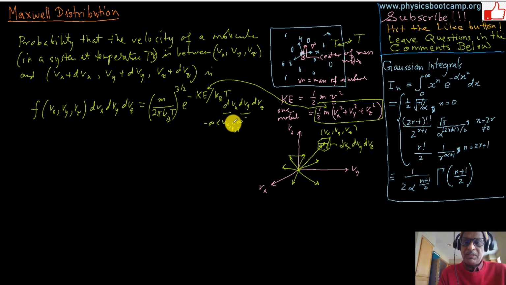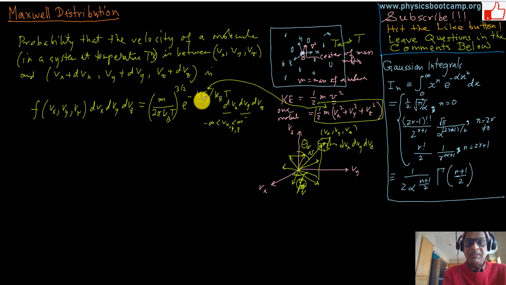If you want to convert this into a speed v, you can see that if I drop it here and go in some kind of a spherical coordinate, this is say v, theta, and phi.